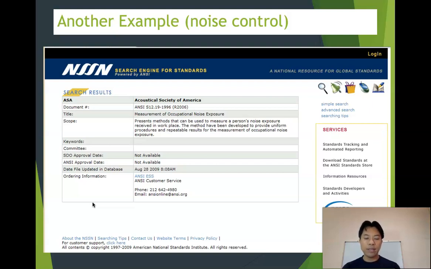So you are working inside of the ship, and you need to make sure that you are able to say to your workers, please stay inside of this ship for not more than 3 hours. So we refer to these standards to measure a person's noise exposure received in the workplace. The method has been developed to provide uniform procedures and repeatable results for the measurement of occupational noise exposure. This is very important for people who work inside of the engine room.